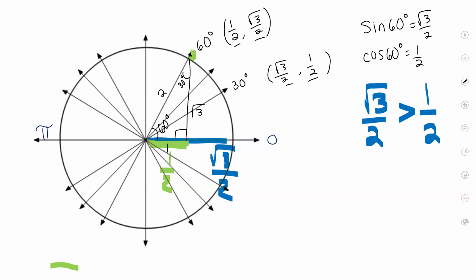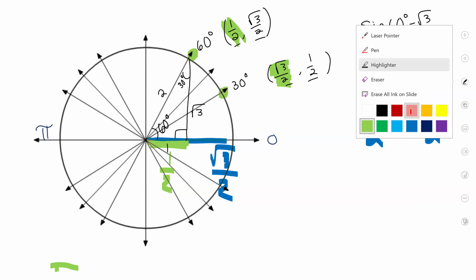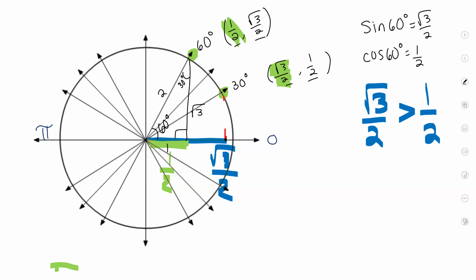It's just going 1/2. But for this one, your x value is going kind of far, square root of 3 over 2. And you can notice the same thing with the y values. The distance from here to here is short, so that's the 1/2. The distance from here to here, your y value is bigger, so that's square root of 3 over 2. So that's a quick way that I memorize which one goes where.